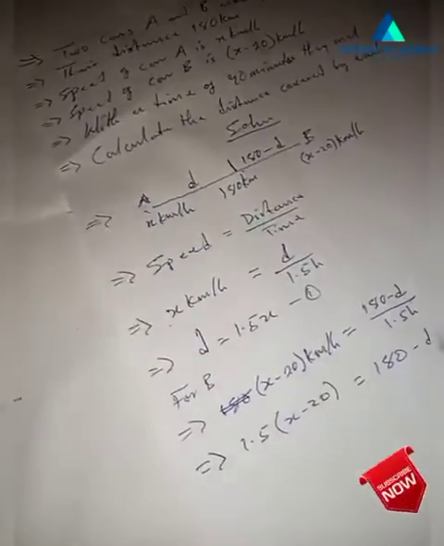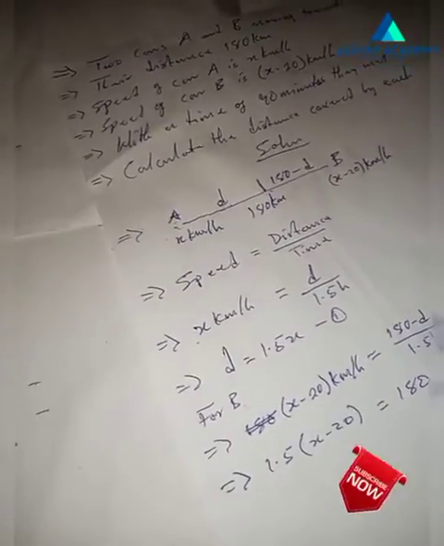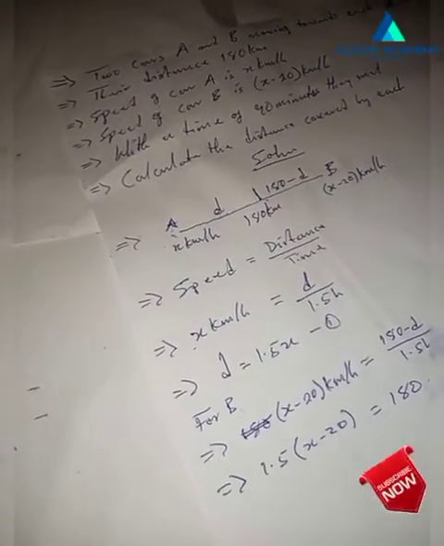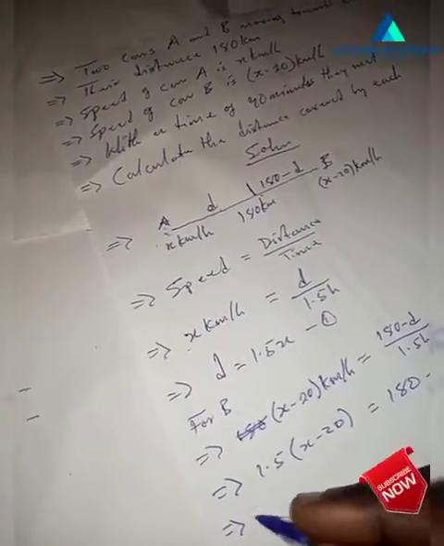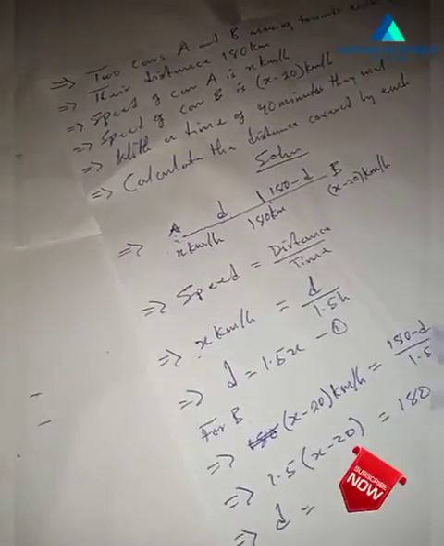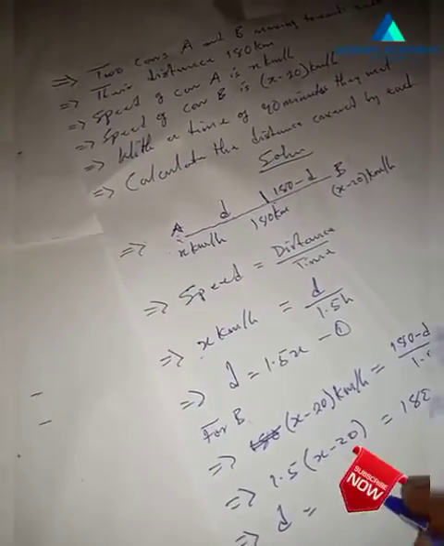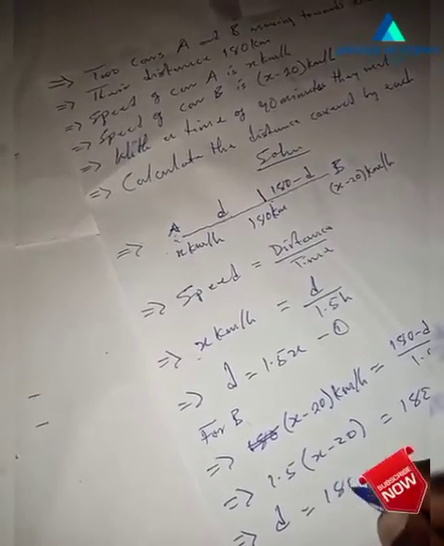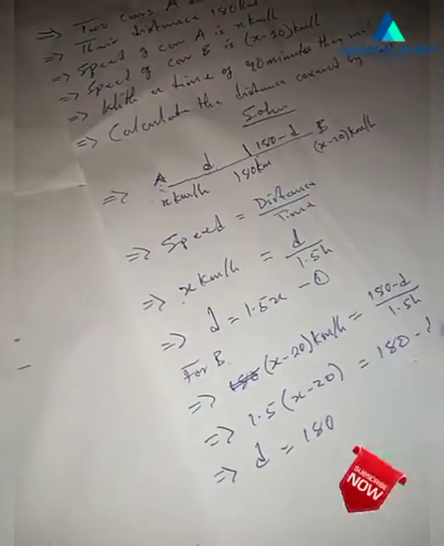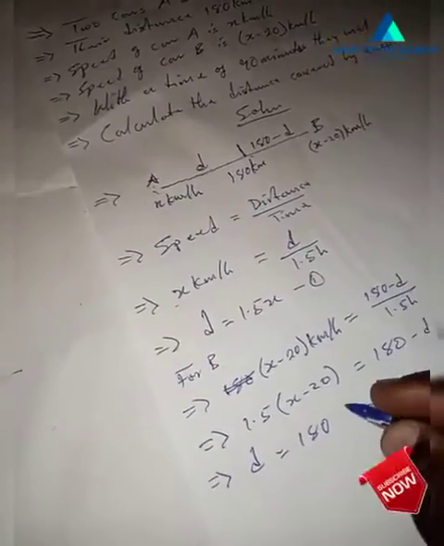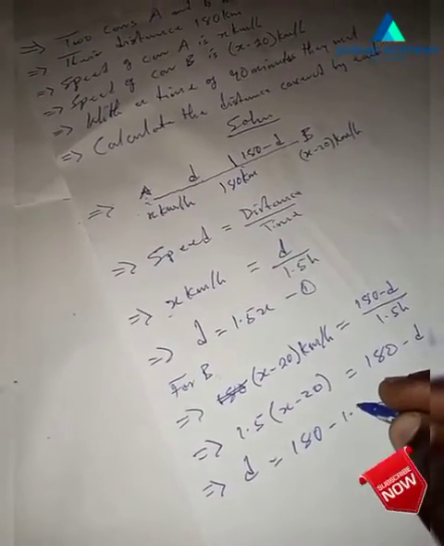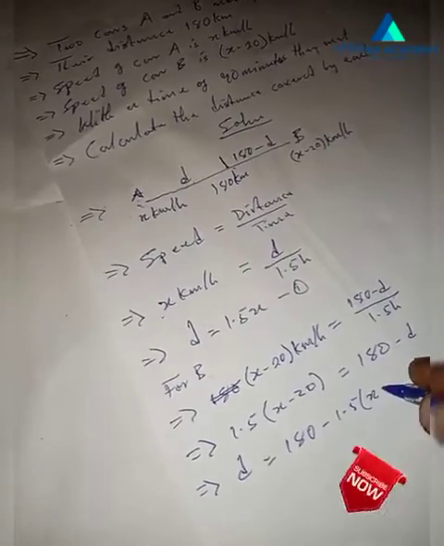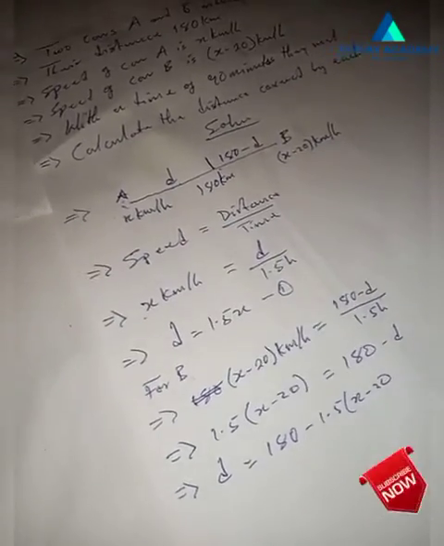Now let's make D the subject. If you make D the subject and expand, D equals 180 minus 1.5 multiplying x minus 20.